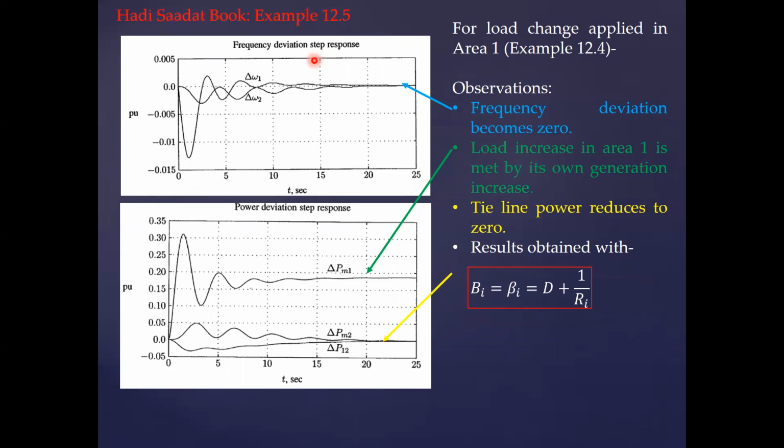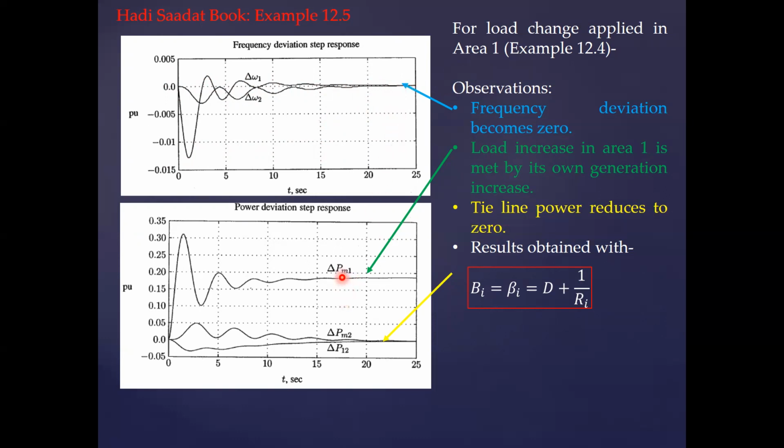So with the same example that we had in the previous one, we have the load change applied in area 1, and now we can see the time domain response here. The frequency profile during the initial stage was something different because it depends upon the inertia and the load damping constant factor here. But at a later stage, you find that you have a common frequency, and again the frequency deviation becomes 0 here. This is the first part.